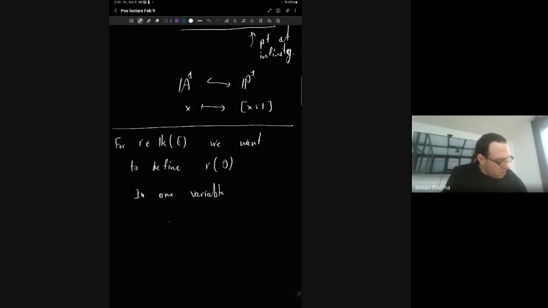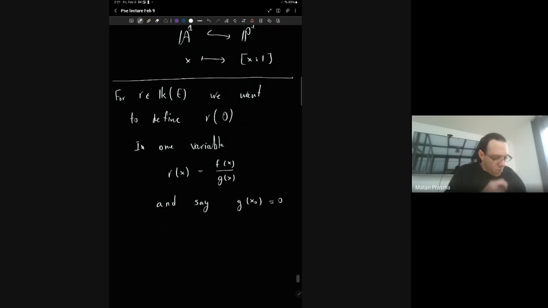In one variable, I have, let's say, a rational function with a representation f(x) over g(x), and let's say that g(x0) is 0.